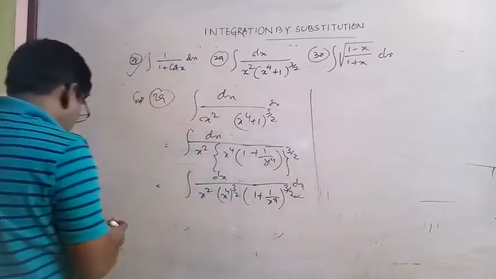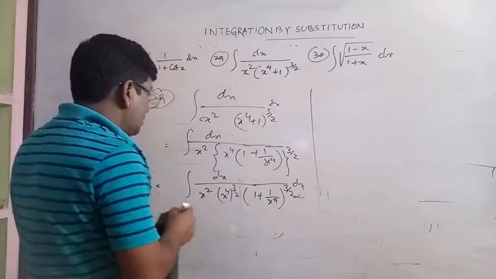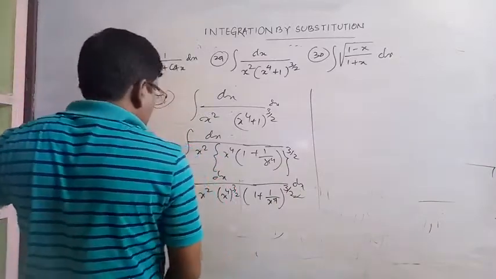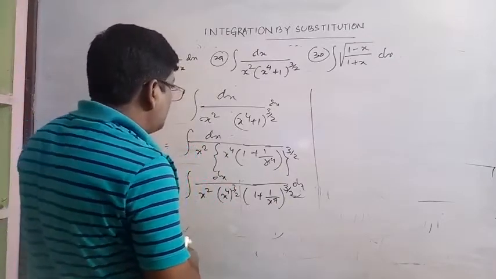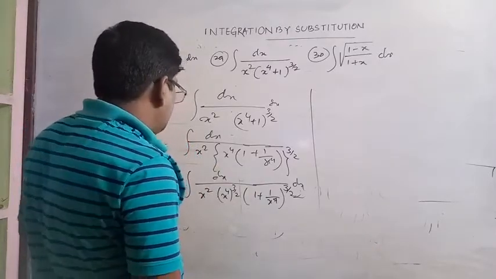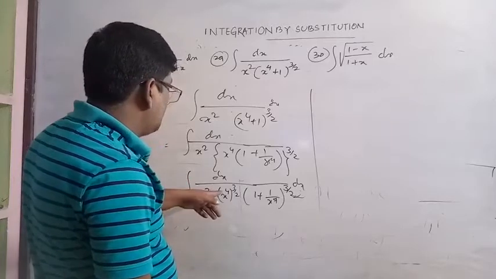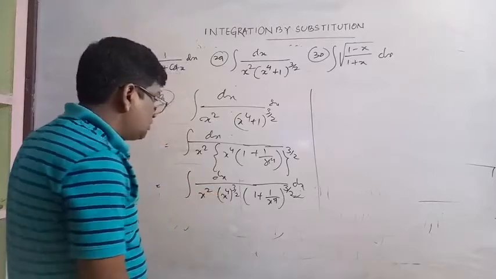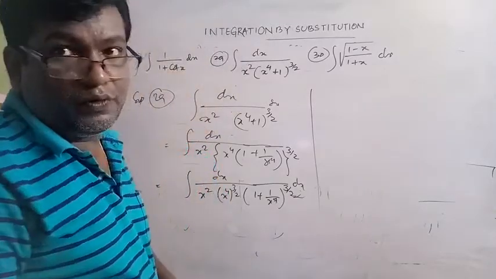So the answer is what? X to the power 2, this is x square into x fourth to the power 3 by 2. And 3 by 2 means x fourth to the power 3 by 2 gives x to the power 6, so x square times x to the power 6. Make correction: the power is 3 by 4.